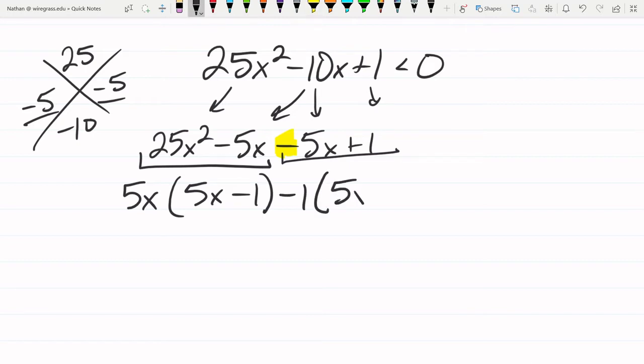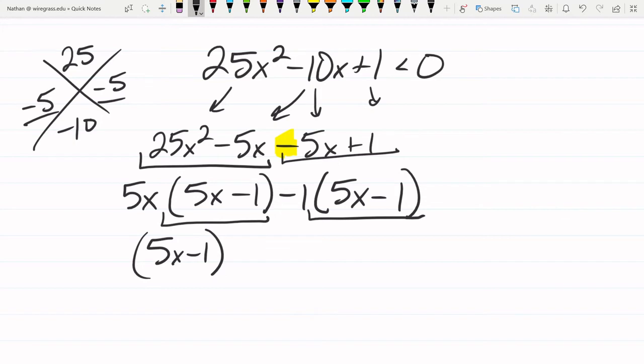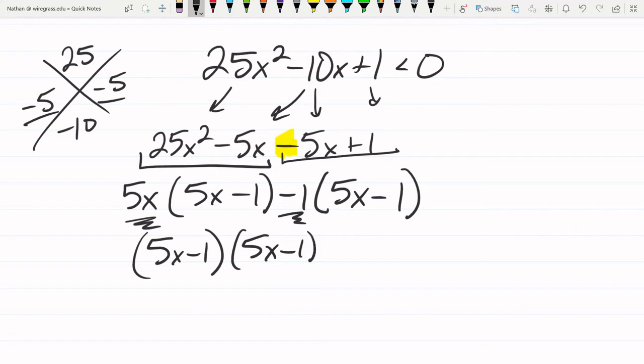That's going to give me 5x minus 1. And now, of course, I can factor out the 5x minus 1 from both of these terms. That gives me 5x minus 1 from the factored out, and from the outside portions, we get 5x minus 1. So it's the same thing actually twice.